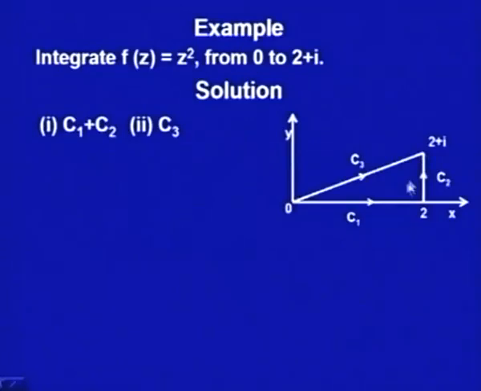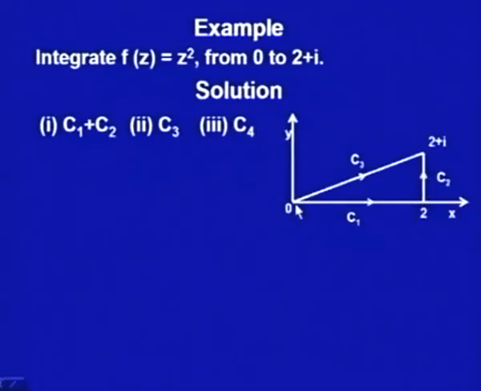Or I could take a different parameterization: I can take this complete line from 0 to 2 plus i as a single contour, and that is C4. You see, that is why this property of partitioning of a path is important, that is, the parameterization would be one.